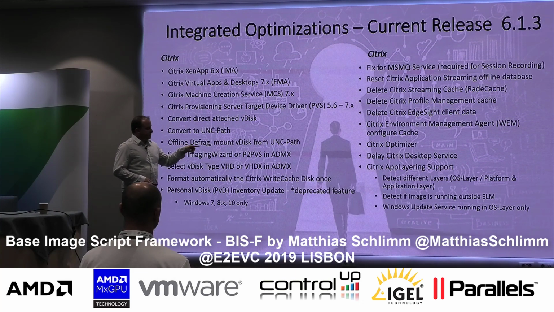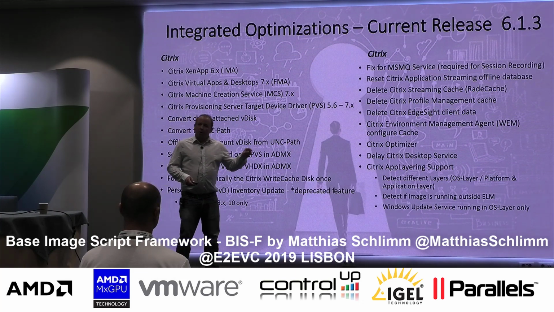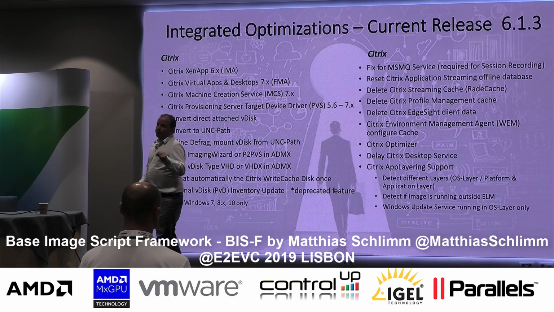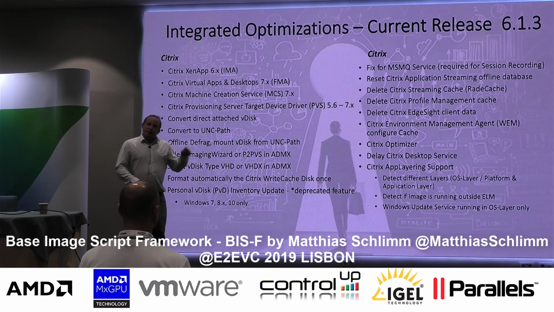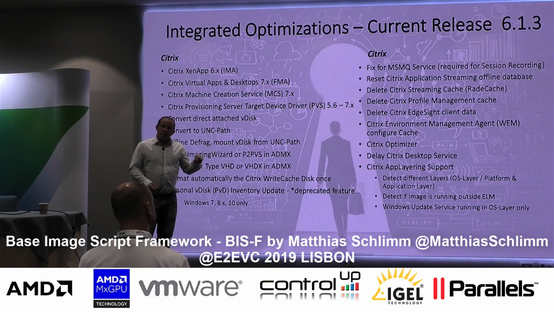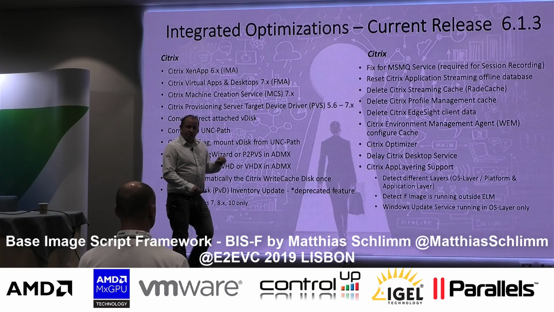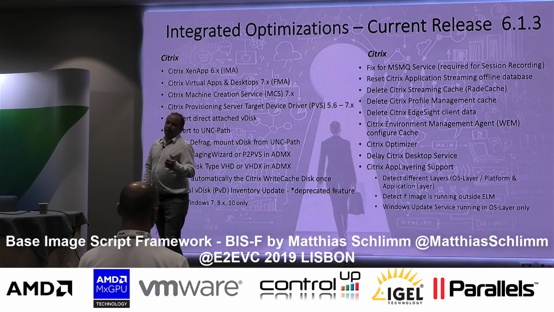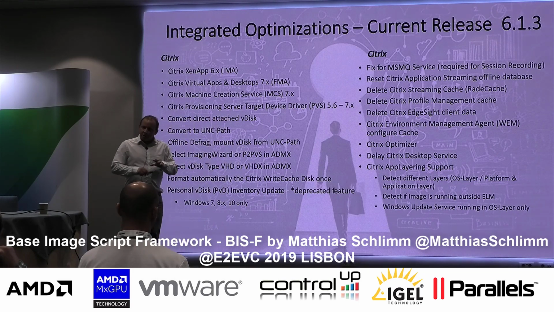So with the delay of the Citrix Desktop Service, you can configure it in the ADMX to also set the desktop service to manual instead of automatic. During the sealing, BIS-F stops the service and sets it to manual. And on computer startup, first, when the personalization from BIS-F is finished, then the desktop service would be started and the machine is up and running and ready for the user session.